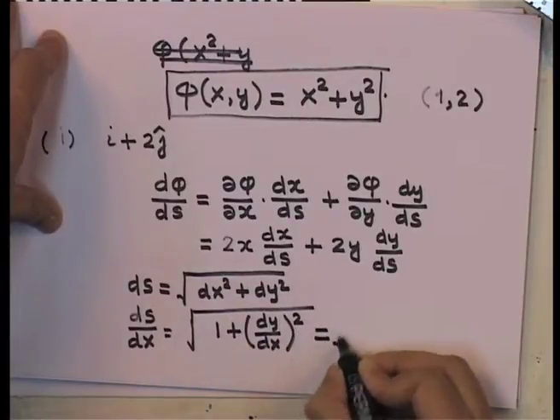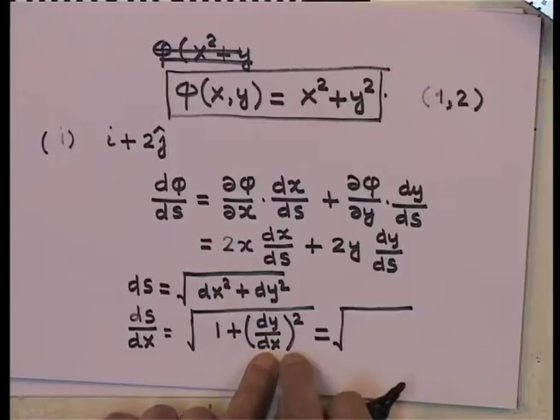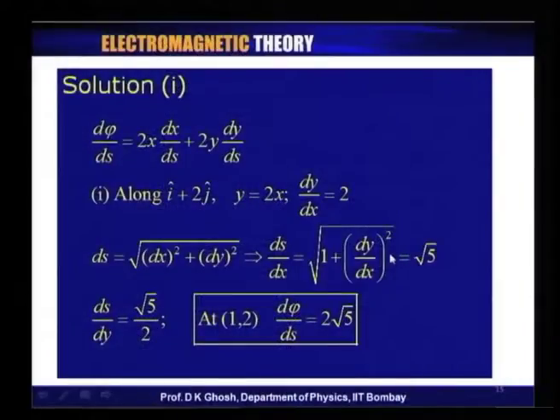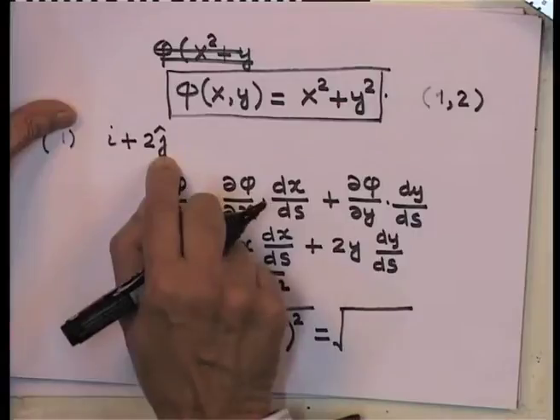This quantity is what we are interested in. Now, notice that I have a particular direction i plus 2j.